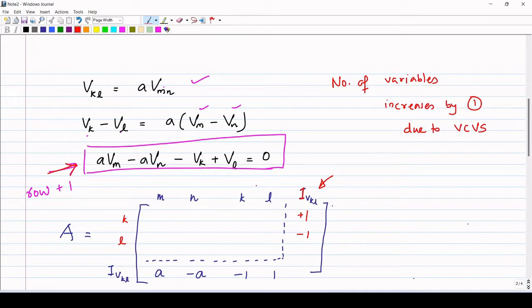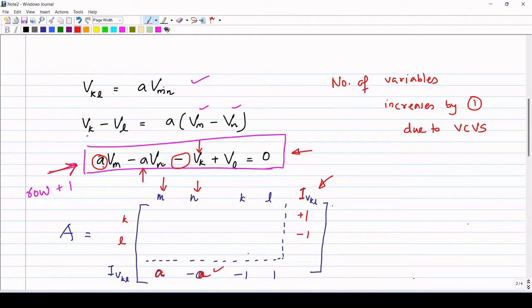If you incorporate this equation into the matrix, we can see that A is multiplied with Vm. So on the mth column, A will appear, and minus A is multiplied with Vn. So in the nth column of the A matrix, minus A will appear, and Vk is multiplied by minus 1.